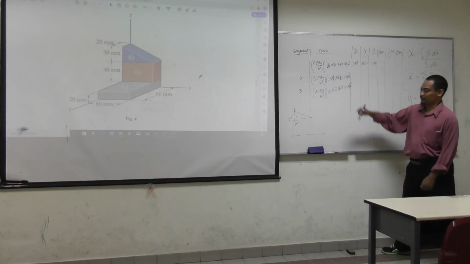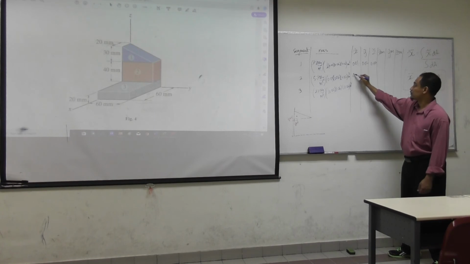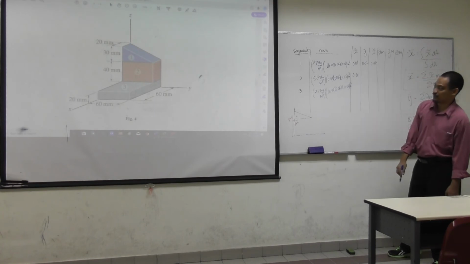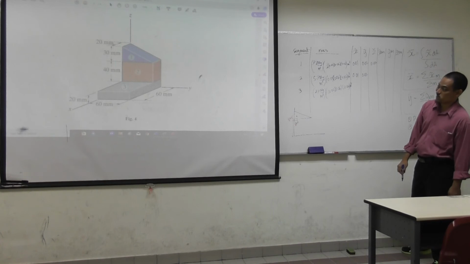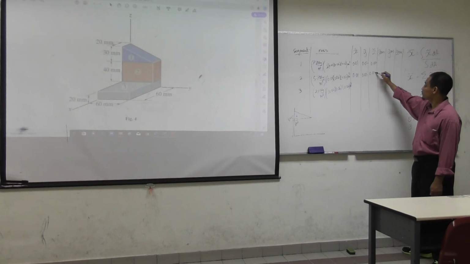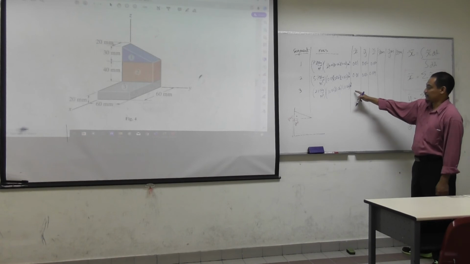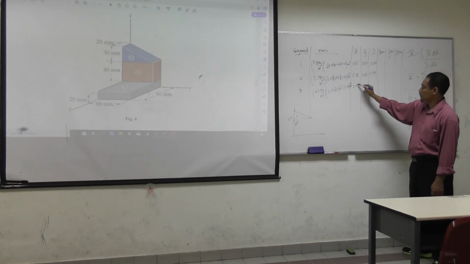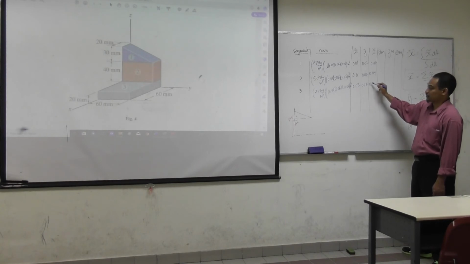Okay, for block B, block 2, x bar is 10 mm. Y bar? Z bar? 20 plus 20. For block number 3, x bar, y bar 0, z bar 0.01.